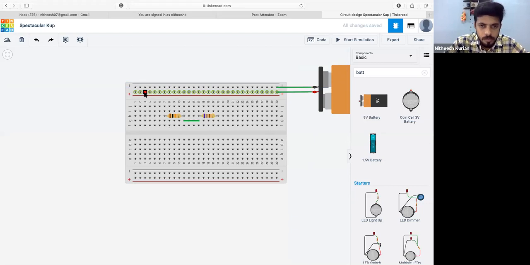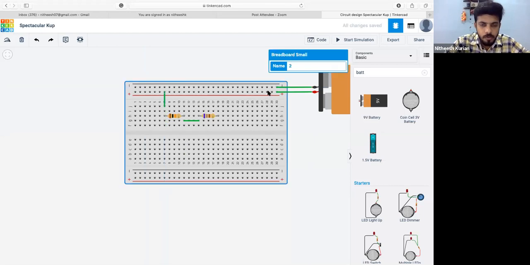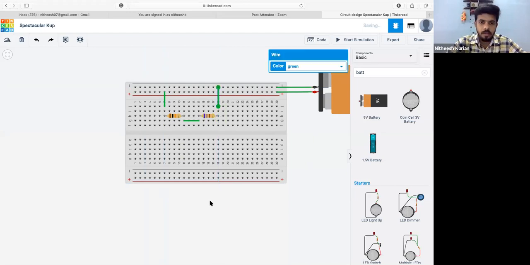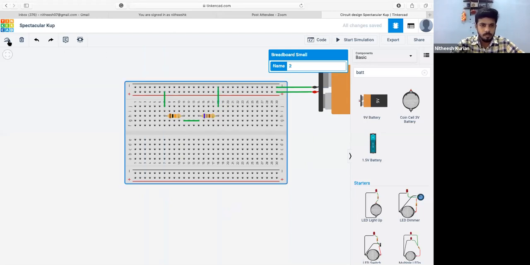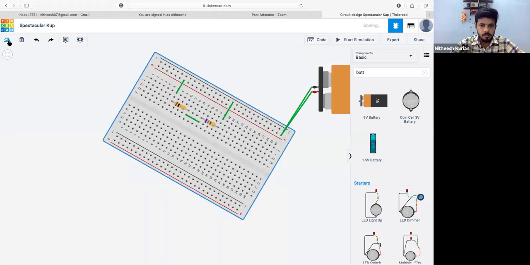And here, this is positive. I'm connecting positive to this resistor and negative to the other end. Okay, clear?